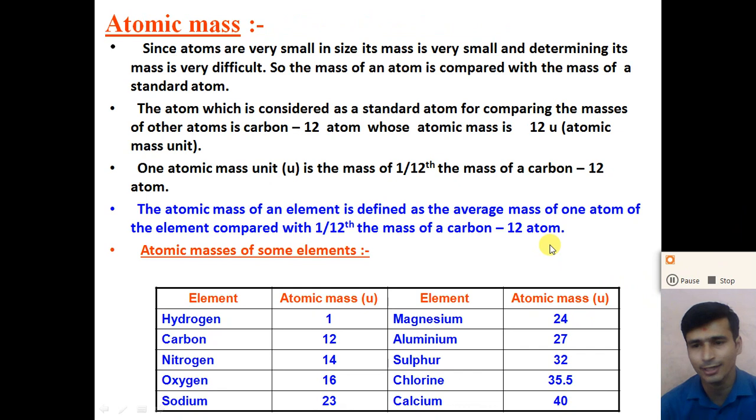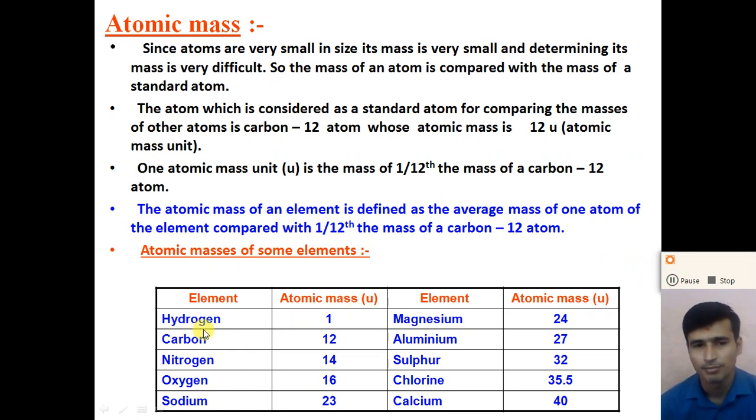The mass of the atoms of different elements is different. The mass of an atom is measured in atomic mass units, which we discussed in a previous video. So here let us revise the mass of the different elements.